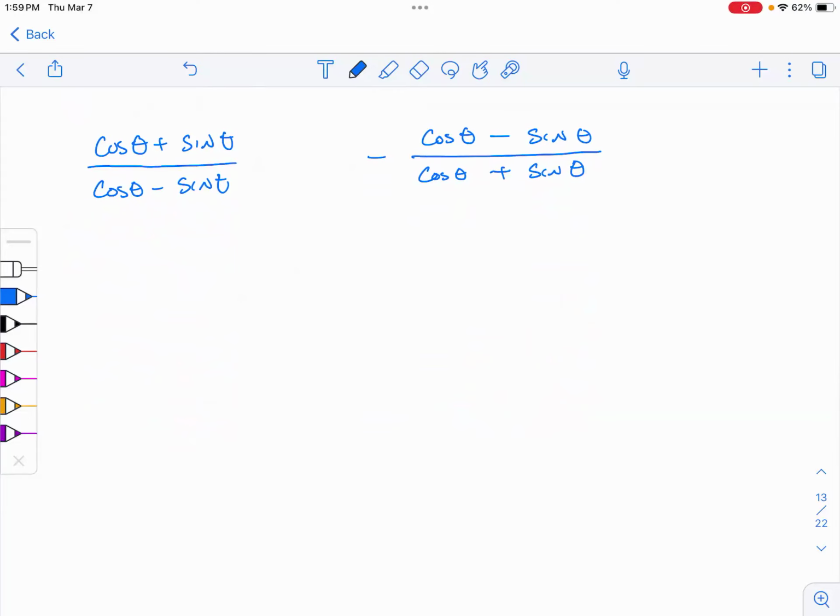Okay, so I got the left side here. What do we think we should do? Common denominator, right?